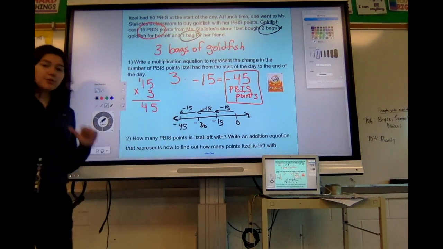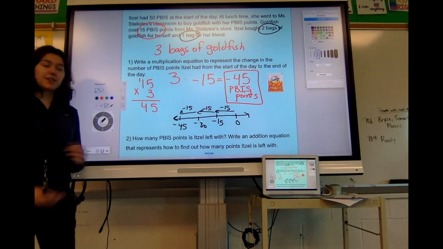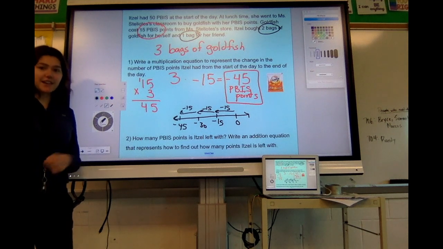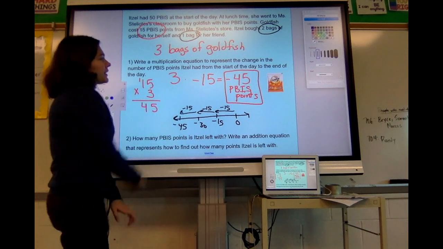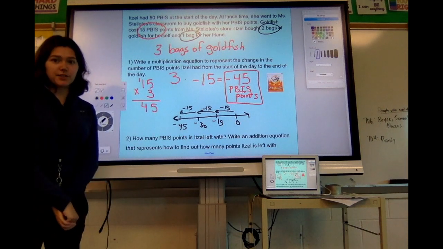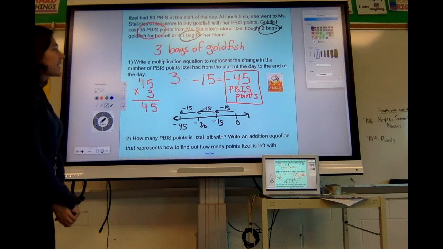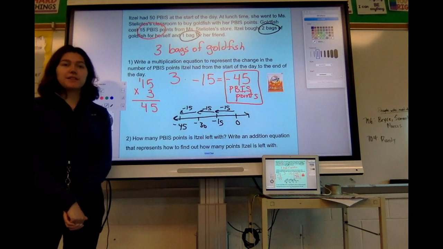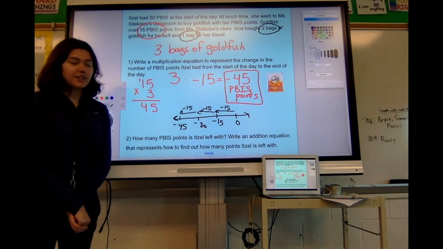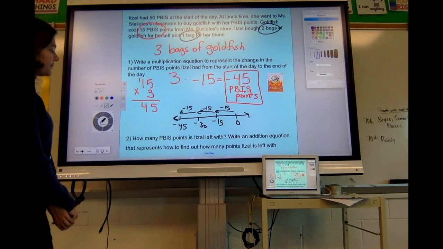So I'm moving left, or I'm subtracting, or I'm going in the negative direction, 15, 3 times. So I have 3 groups of negative 15, and I end up at negative 45. So I can represent 3 times negative 15 is negative 45 PBIS points. That represents the change.